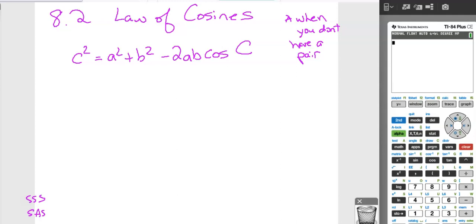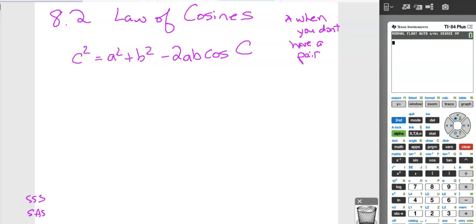It's just adjusted. Now, I wrote this one, and I want you to notice the way that it is. The way I remember this is, you recognize that part right there, c squared equals a squared plus b squared. That's like the Pythagorean theorem, and then it's just minus 2ab cosine of c.